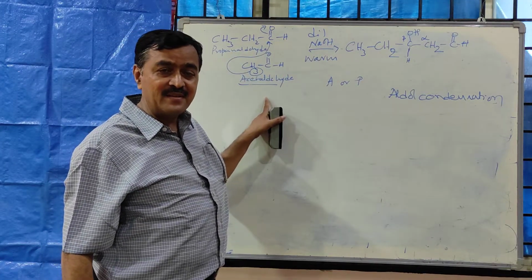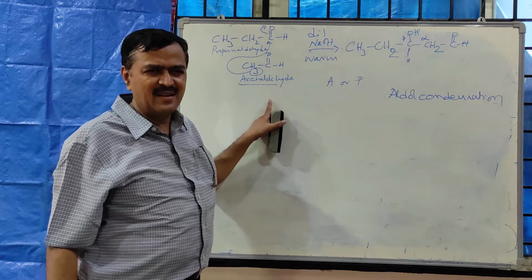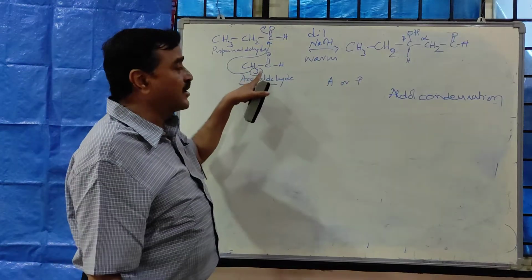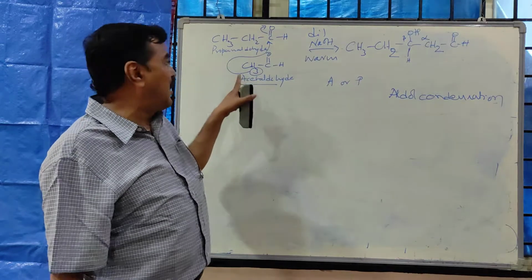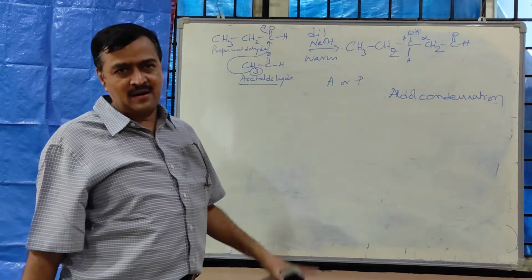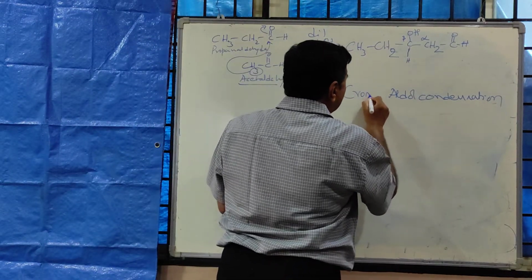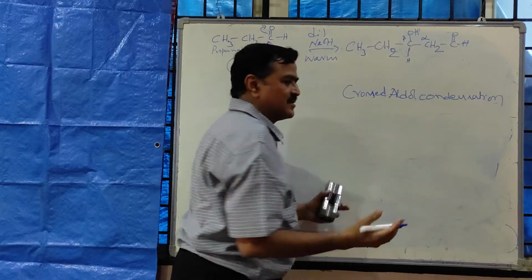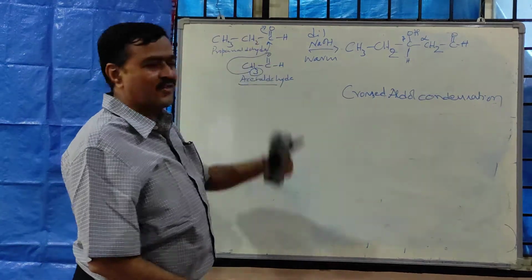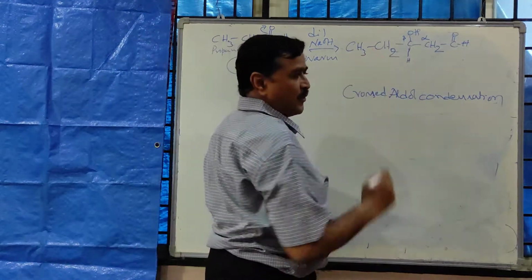If it is the same, write 1, otherwise put X. It is similar, but the only difference is that instead of two same molecules of alpha hydrogen containing aldehyde, we have taken two different aldehydes. Hence this is called crossed aldol condensation. We have crossed one aldehyde with another aldehyde. So this is what we are going to get.